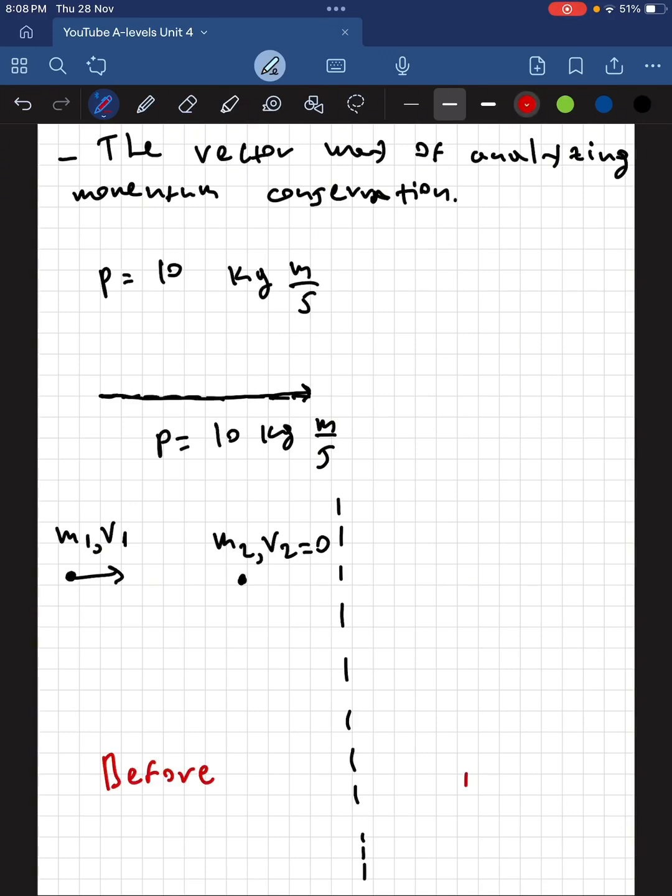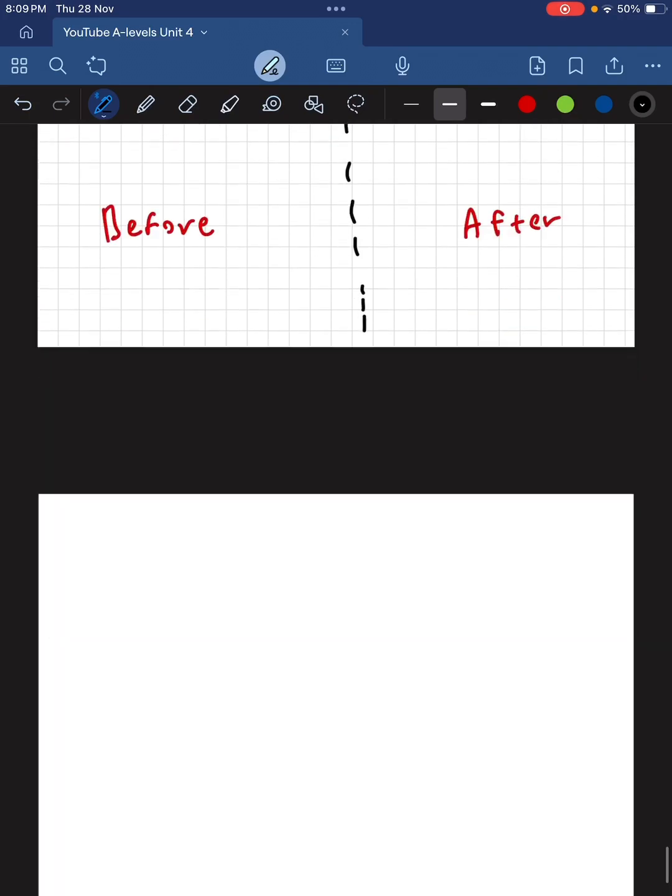And after, we have the two balls moving, making an angle theta with the horizontal for mass 1. So mass 1, v1 prime, and mass 2, v2 prime, makes an angle phi with the horizontal.